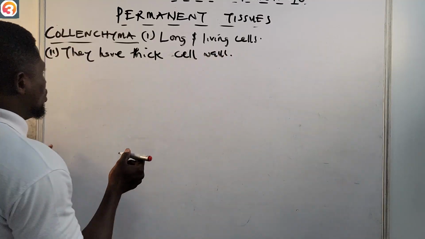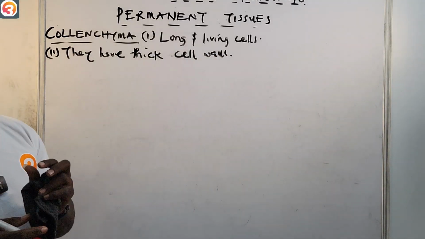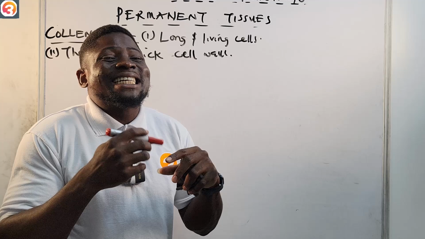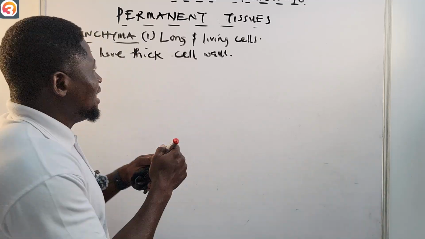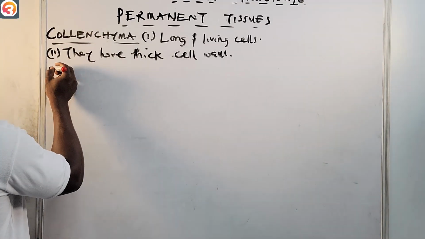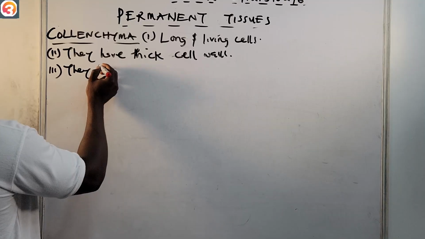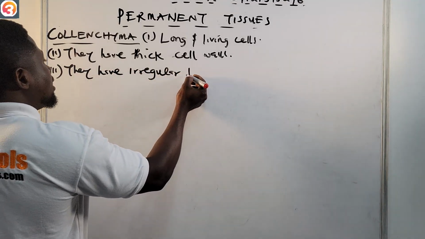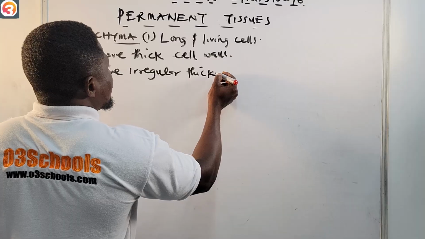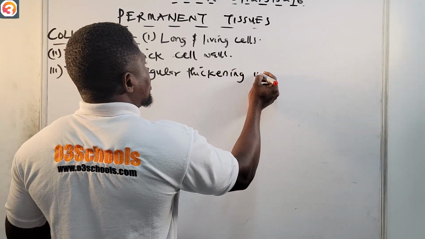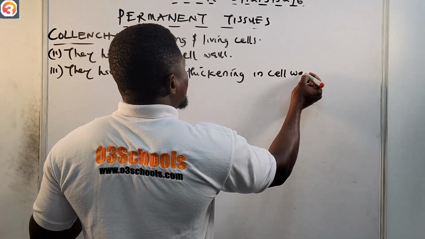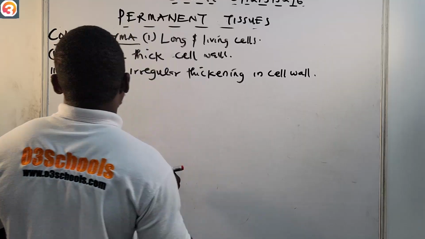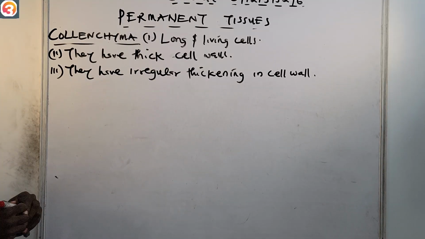And also, number three, they have irregular thickening in cell wall. They have irregular thickening in cell wall.